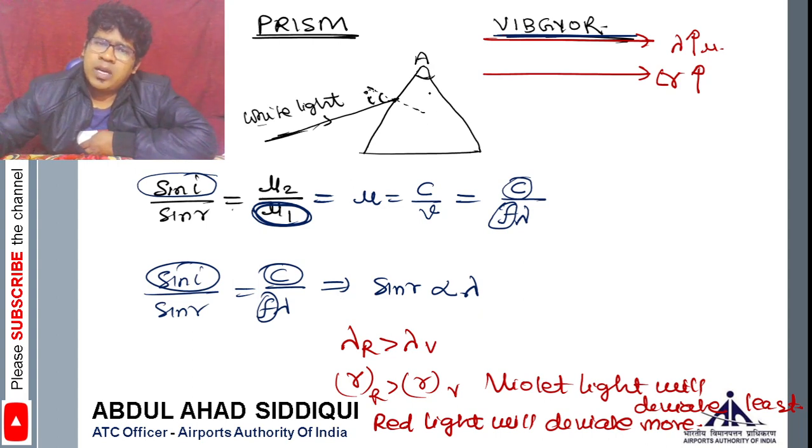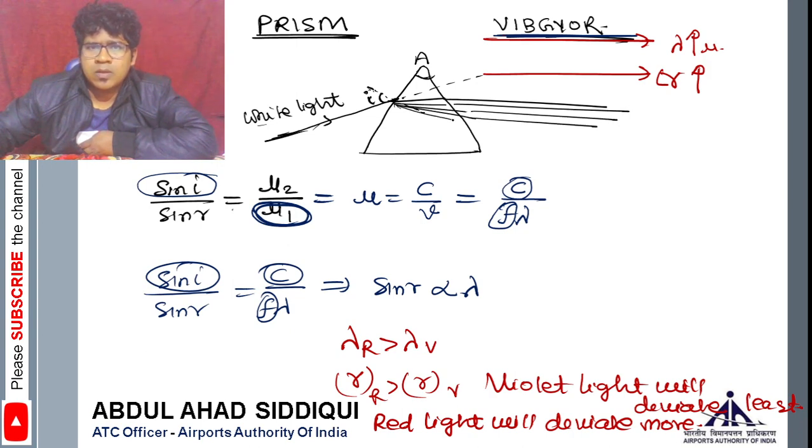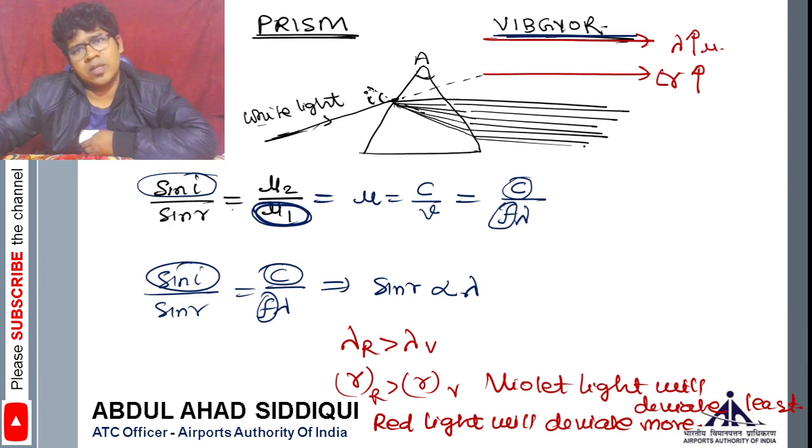So basically what will happen, ideally this should go this way, and seven different colors will be found like this. Seven different colors.